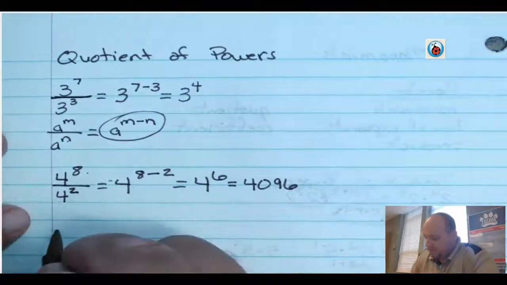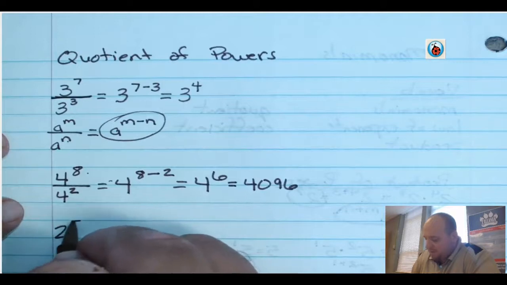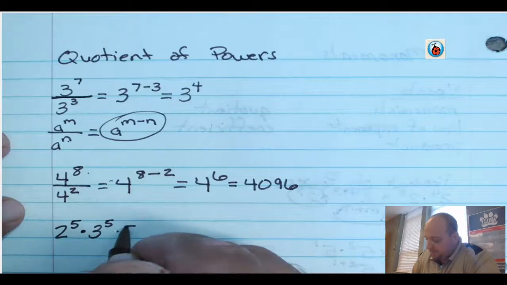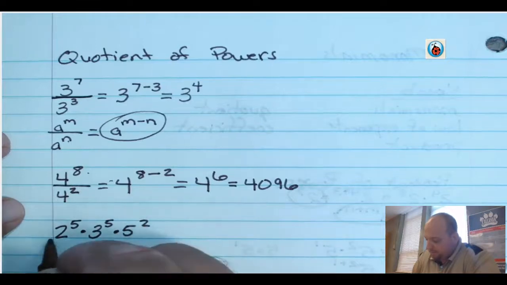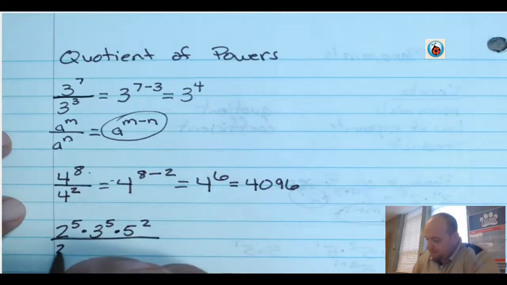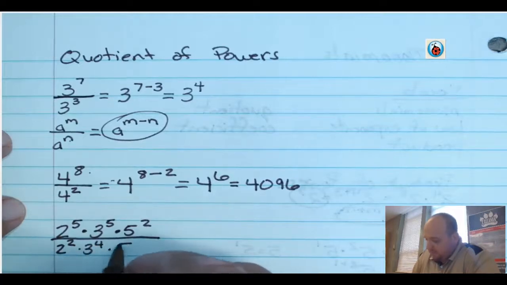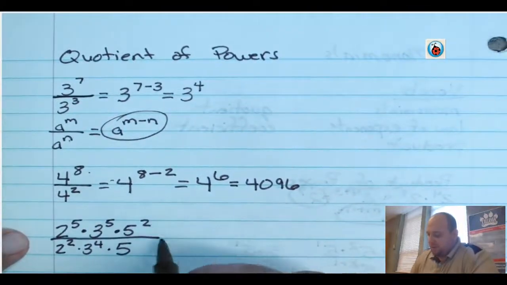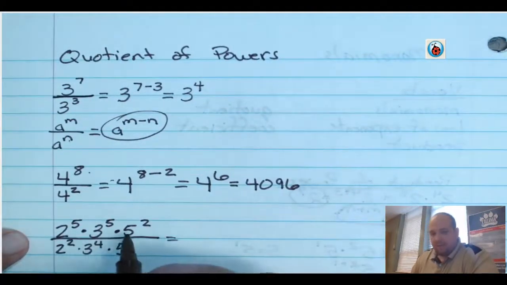This one's kind of tricky also. It's not an algebra one, but it can be tricky. 2 to the 5th times 3 to the 5th times 5 to the 2nd divided by 2 to the 2nd times 3 to the 4th times 5. So in this one, right now these are all joined together with multiplication.